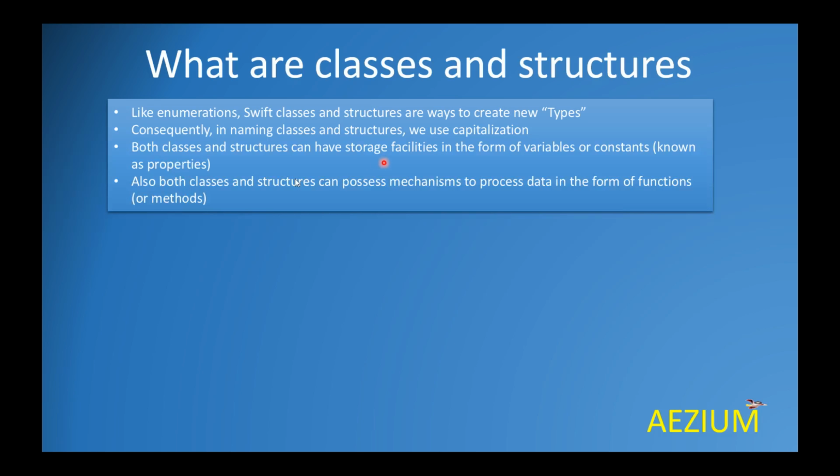Both have storage capabilities in the form of variables or constants, and these are known as the properties of the classes and structures. Also, there are mechanisms within a class or a structure with which we can process the data, and these are called methods. Methods are effectively functions.